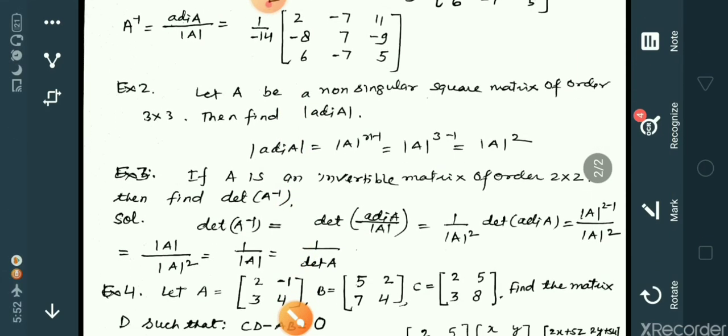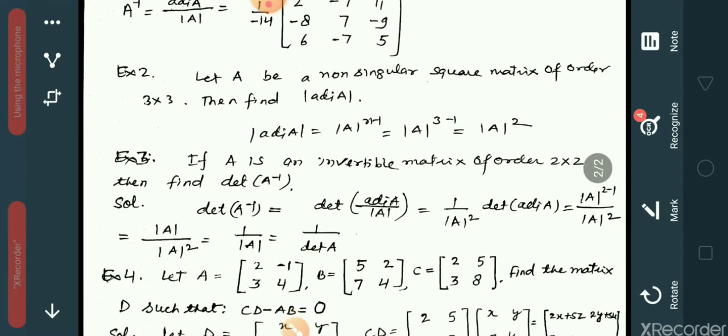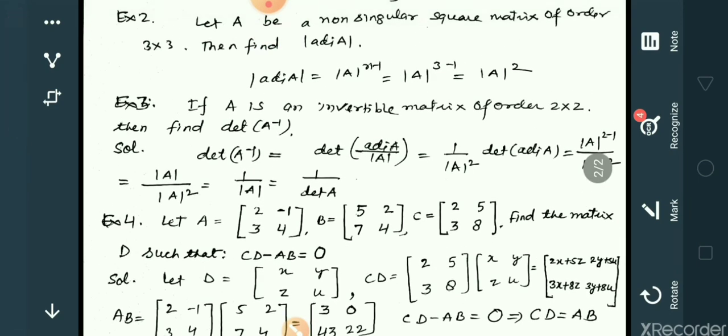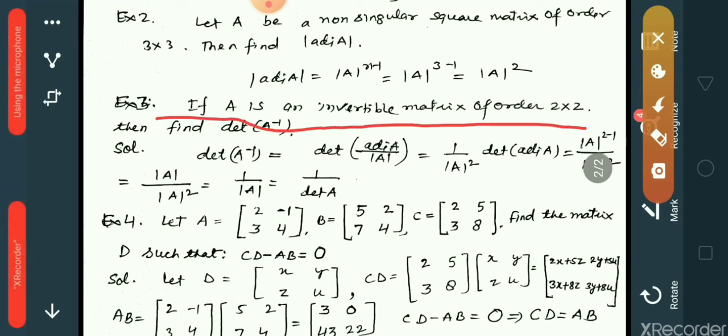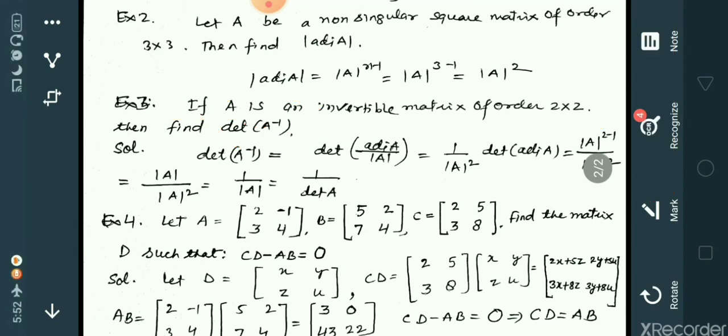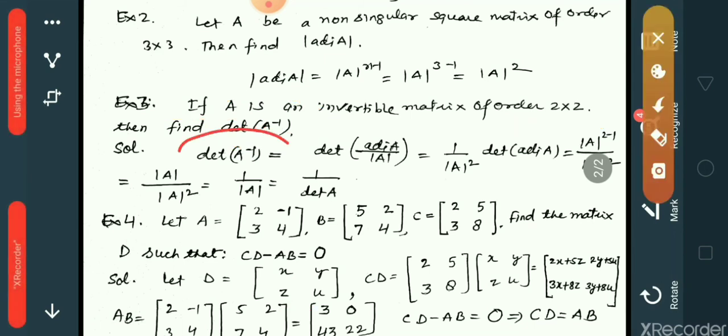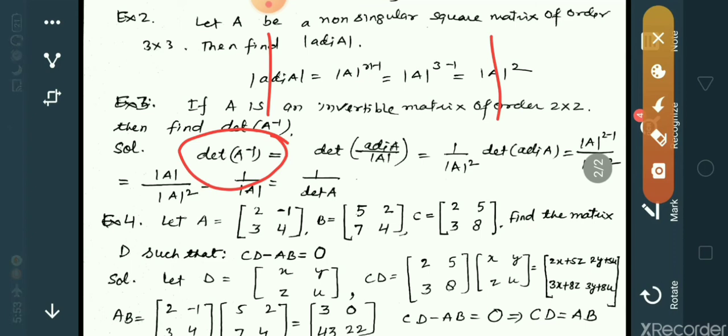Now move to another question. If A is an invertible matrix of order 2 cross 2, then find the determinant of A inverse. Children, note that you can write determinant of A inverse is equal to determinant of adjoint of A divided by determinant of A, simply using the formula.